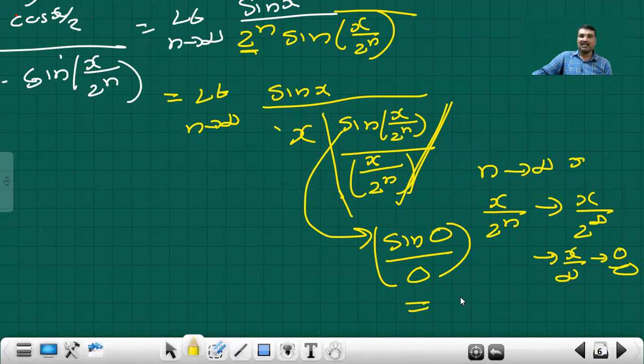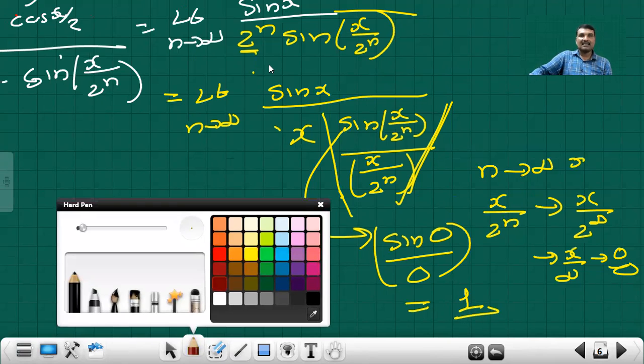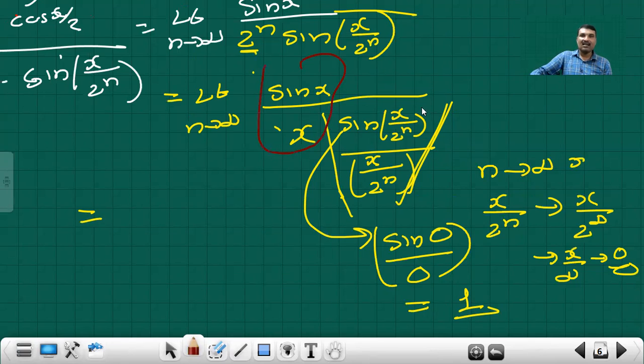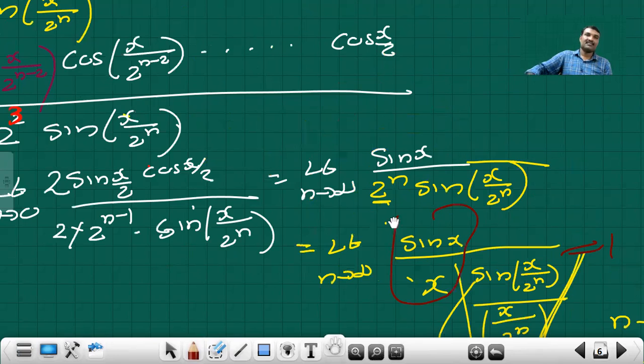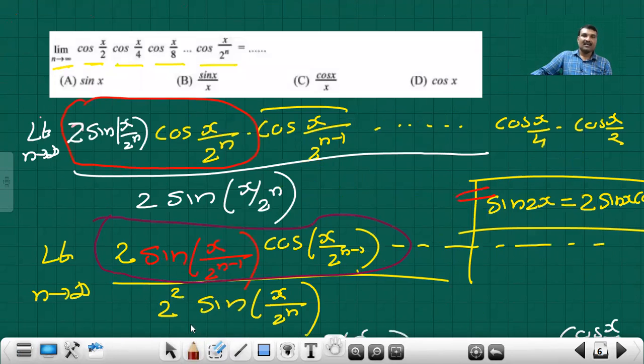So the value of this limit is 1. So the answer becomes sine x, this term, and the value of this limit is 1. So we have sine x divided by x. So what is our option? Our option is D.